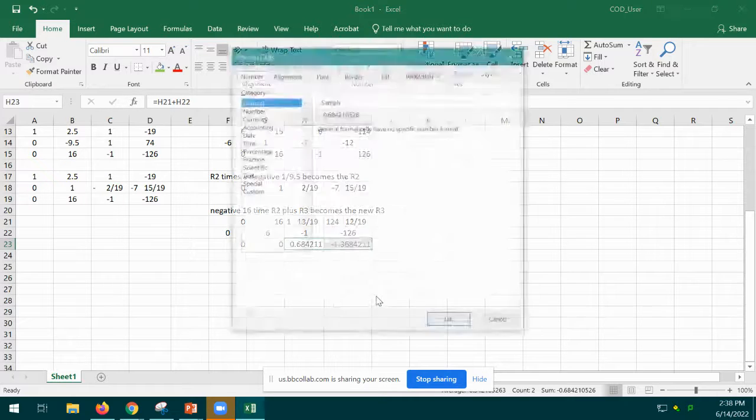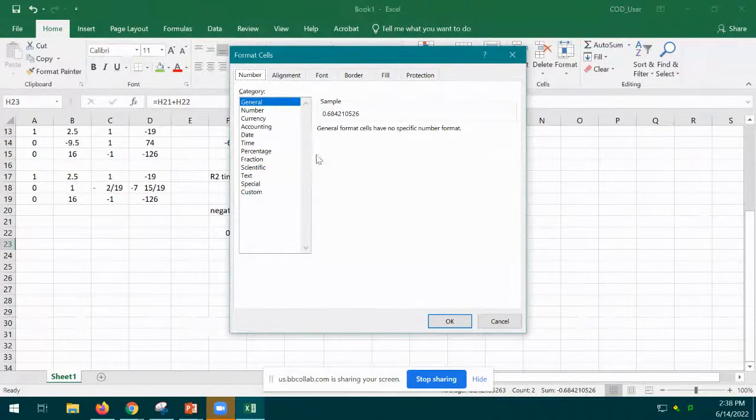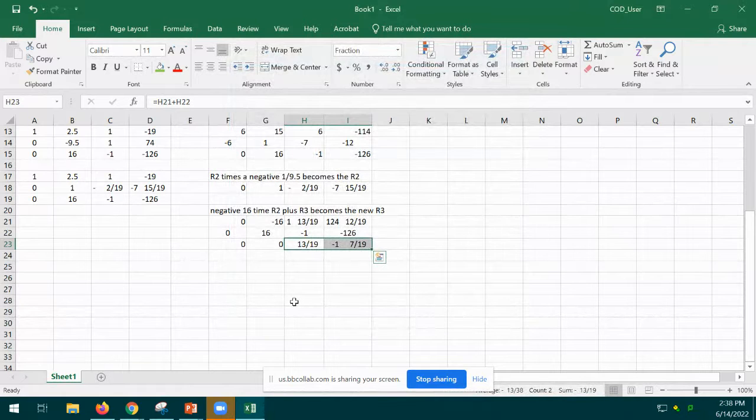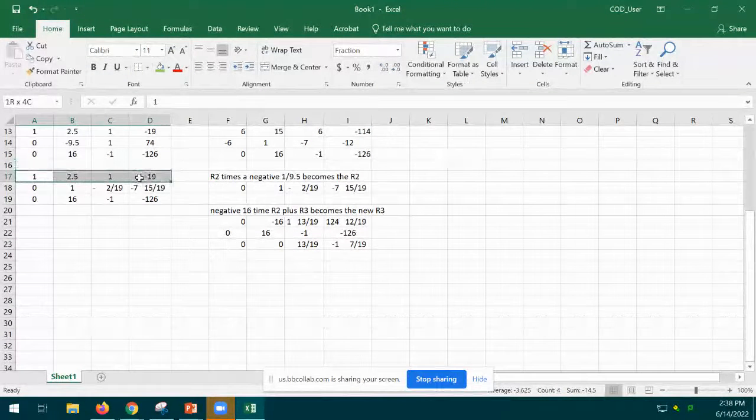Okay, and so more number formats, and we'll go to fractions, and we'll do as many fractions as we can. Okay, and that was good. So this is the new row 3.